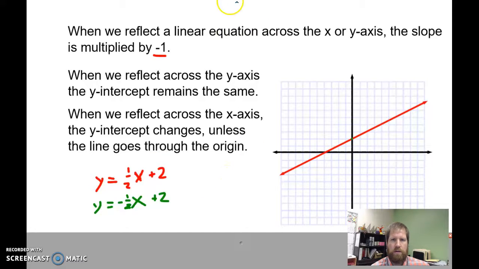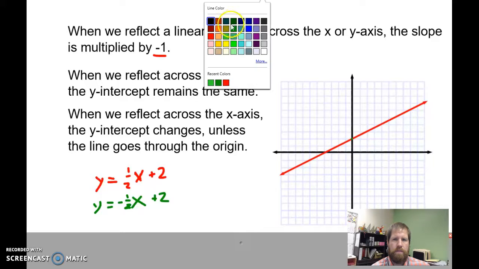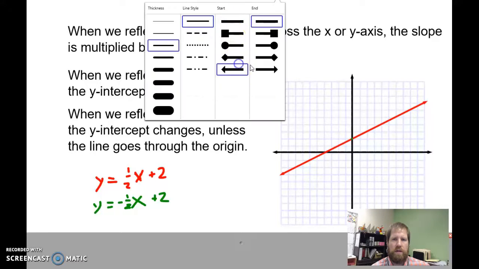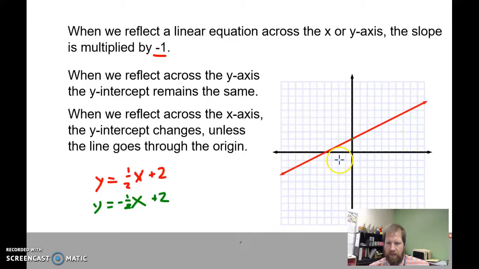So let's look at our line. Use green, get those arrows, and if I'm going to reflect it, it's going to go through this point, and it's basically going to be a negative value of the same thing on this side.